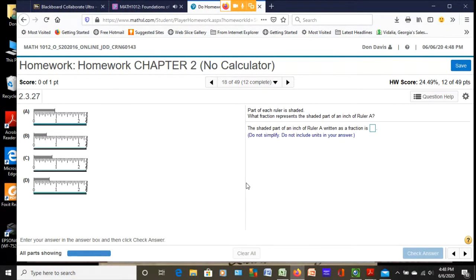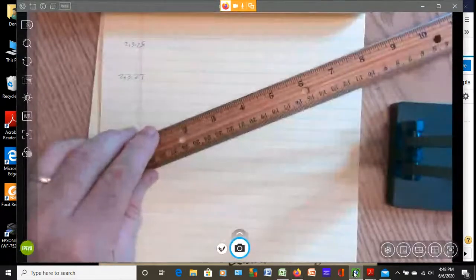And what we want to know is what part of each ruler is shaded. Now, I'm going to put this ruler on the pad and then look at it just so we can communicate in the same way with each other.